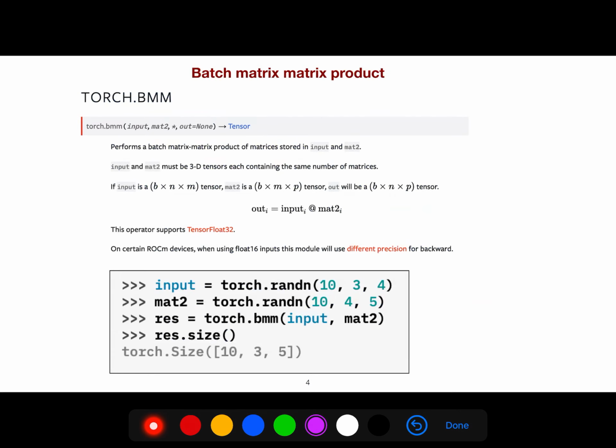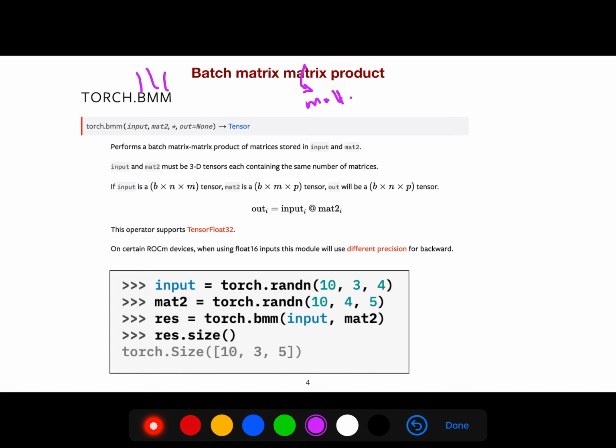So you should be familiar with some concepts in PyTorch in order to implement it. And this batch matrix multiplication, this is the batch matrix product.